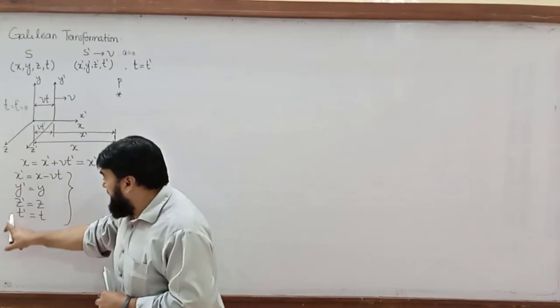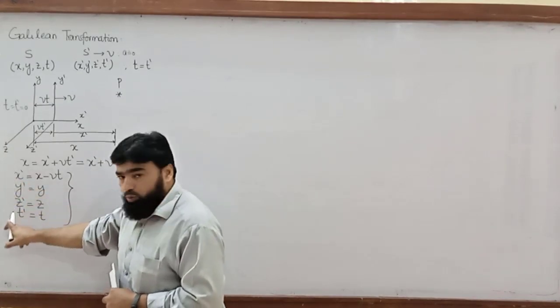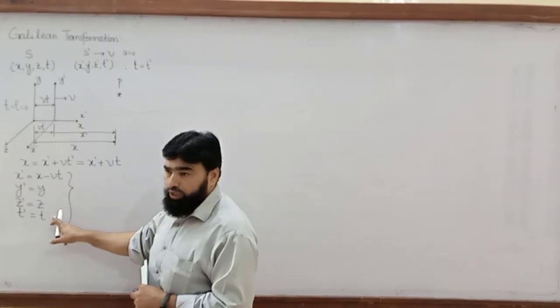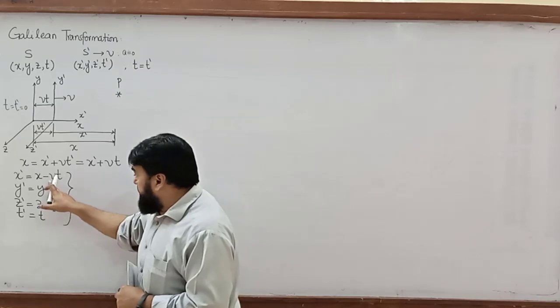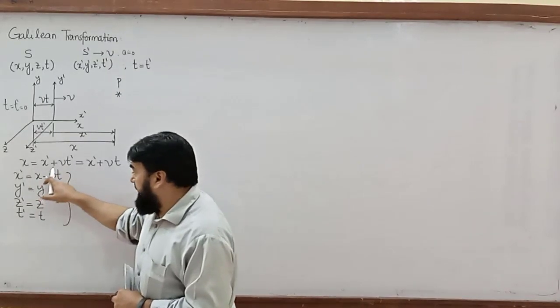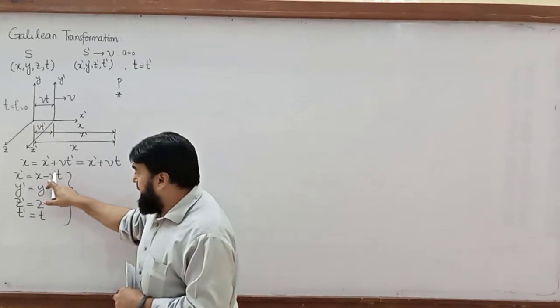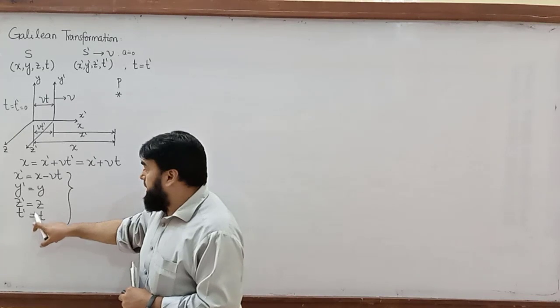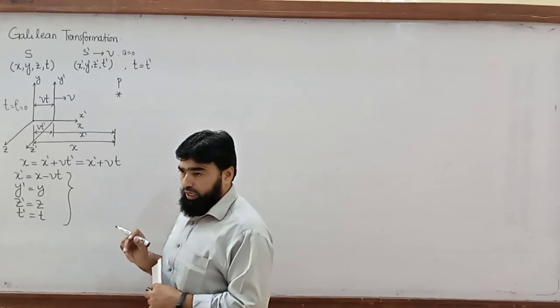Because on this side I am having the s coordinates, on this side I am having the s prime coordinates. So wherever you are having the motion of the frame, then the coordinates are changing, while the direction in which you are not having the motion, then they remain the same.